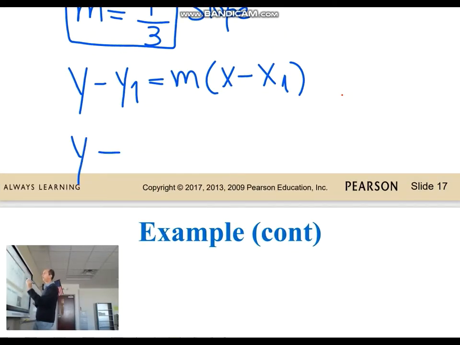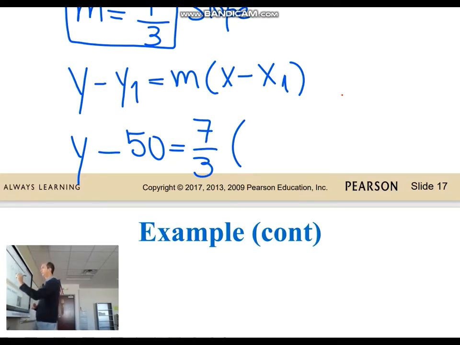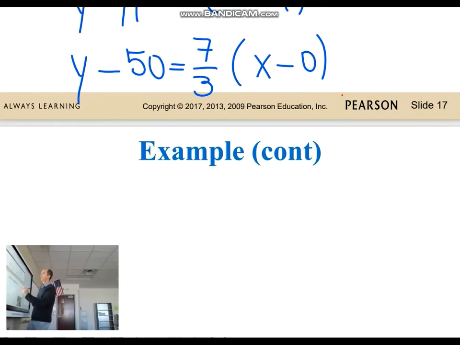Y minus y1, which is 50, right? Equals m times, we found m, sorry, 7 over 3, times x minus x1, which is 0. To find the slope-intercept formula, we can apply the distributive property.